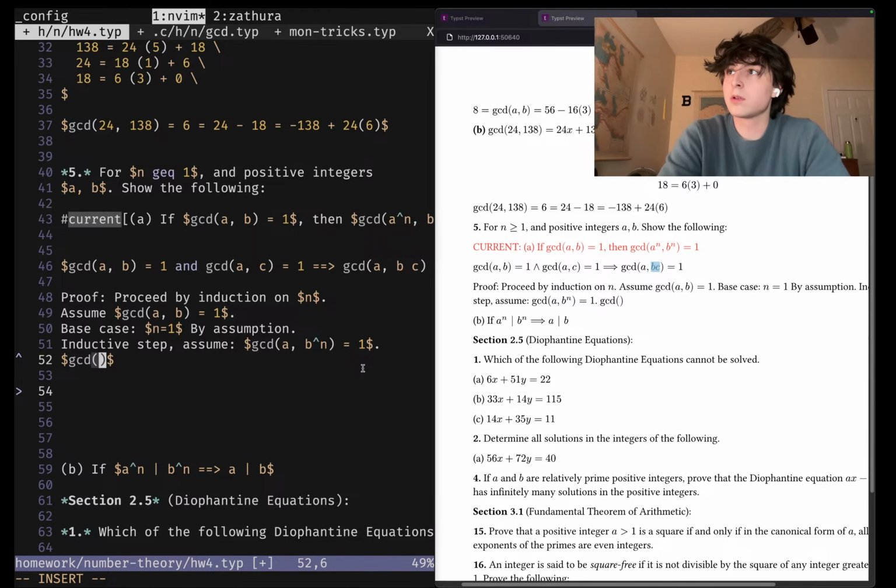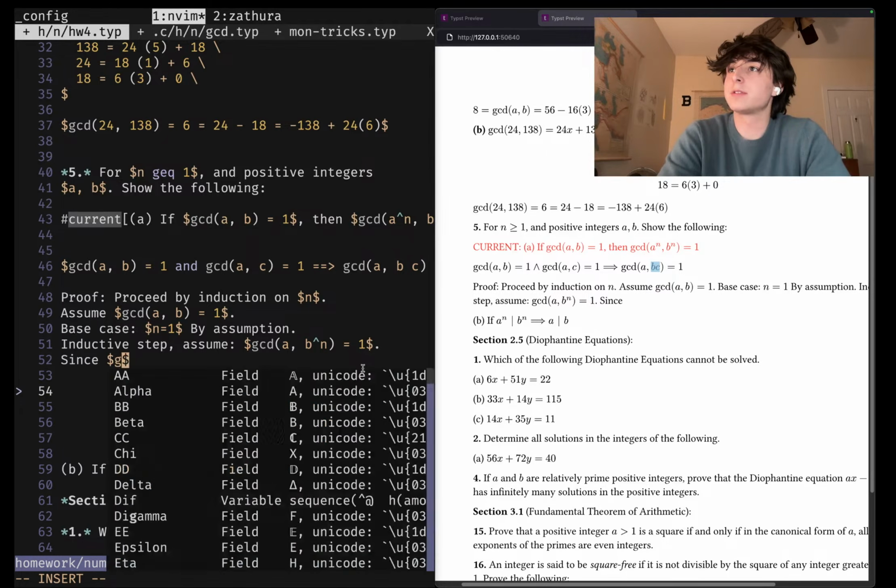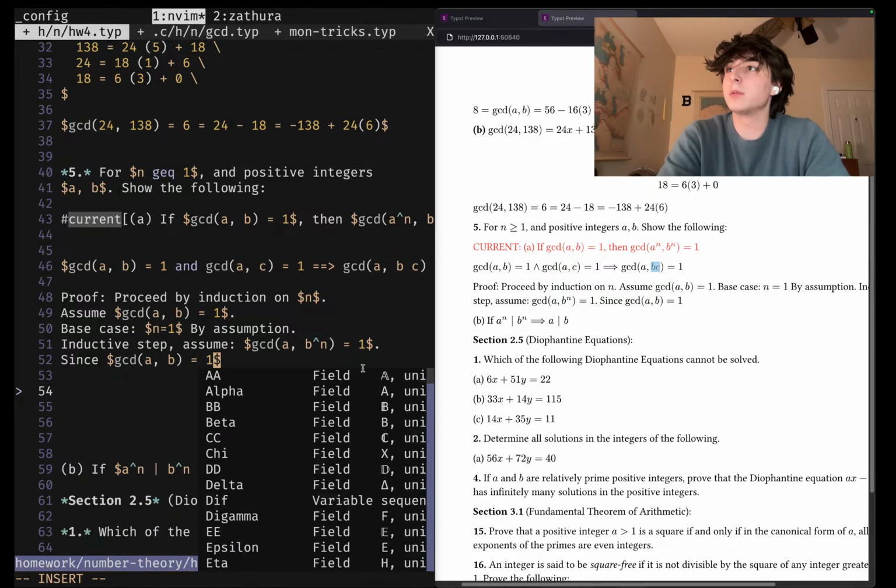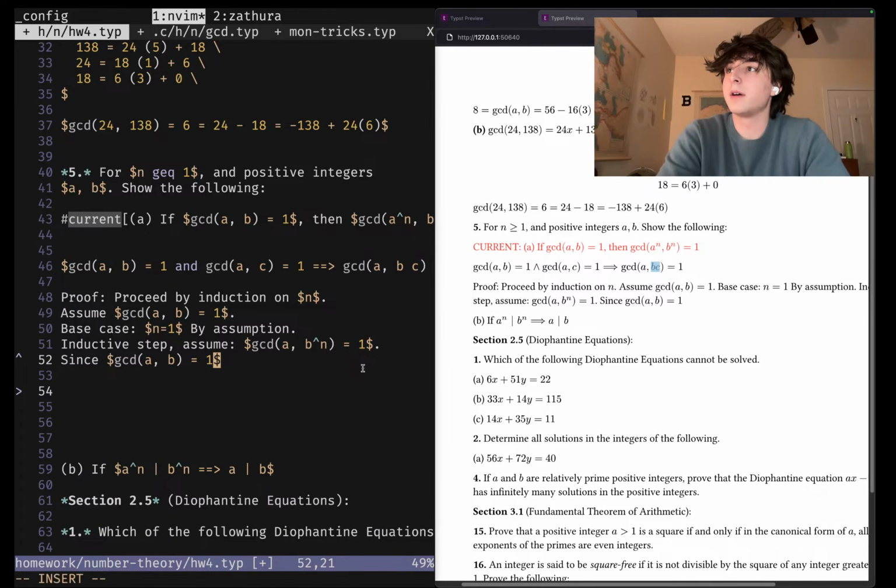And for this, this is basically one application of our lemma, which is very straightforward. Since GCD(a, b) equals 1, and we have that assumed step, all we have to do is say that GCD(a, b times b^n), to the n plus 1.